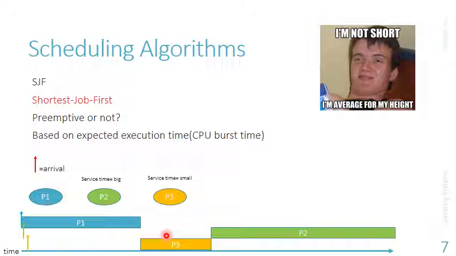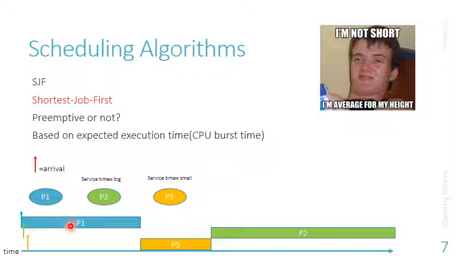And after a lot of back and forth and discussions and debates, extremely interesting and exciting, we concluded that maybe there's the preemptive version of it. It means that within execution, I'm going to check which process still has the shortest time needed to fulfill its execution.